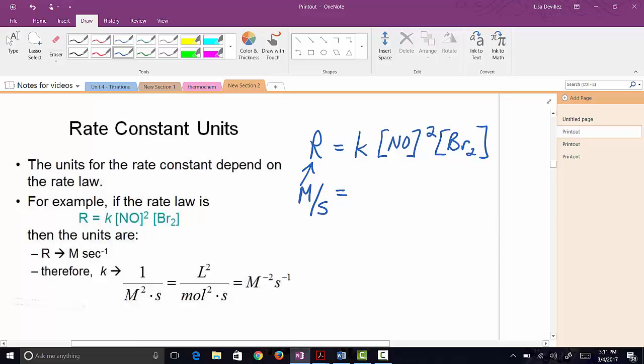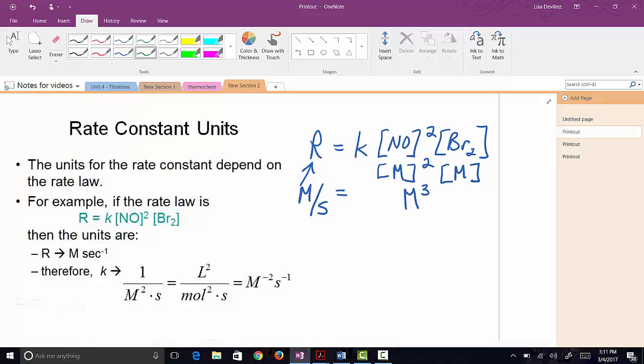And then these things with the brackets, these are molarities. For this given example, I have a molarity squared times another molarity, so in this equation I have a molarity cubed.